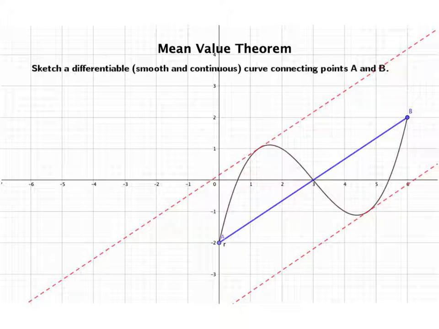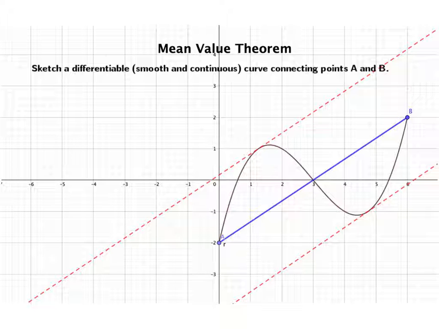Now, if we draw tangent lines in at the points where the derivative is the same as the slope of the line, you'll notice that it highlights the fact that the derivative at these points of tangency is going to be the same as the slope of the line.